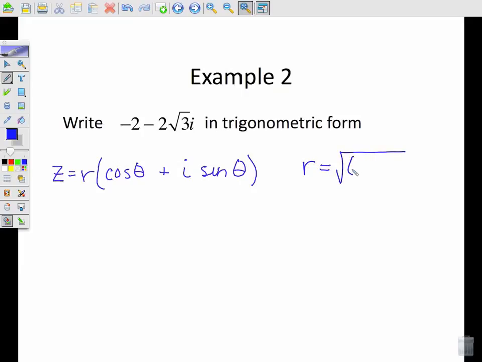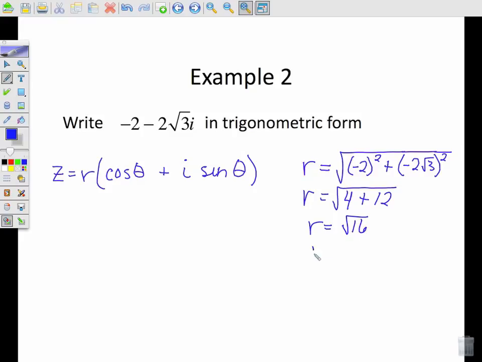So r is equal to the square root of -2 squared plus -2 roots of 3 squared. r equals the square root of, this is going to be 4 plus 2 times 2, so 4 times 3, 12. This is equal to the square root of 16, which is 4. So we know r is 4.